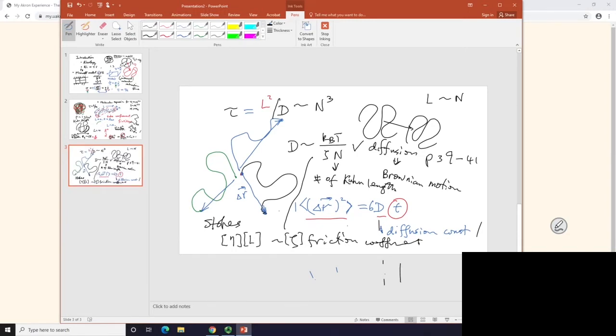Again, I don't need you to. You just need to have the knowledge that there is a lot of development talking about how relaxation changes with time, with the molecular weight.